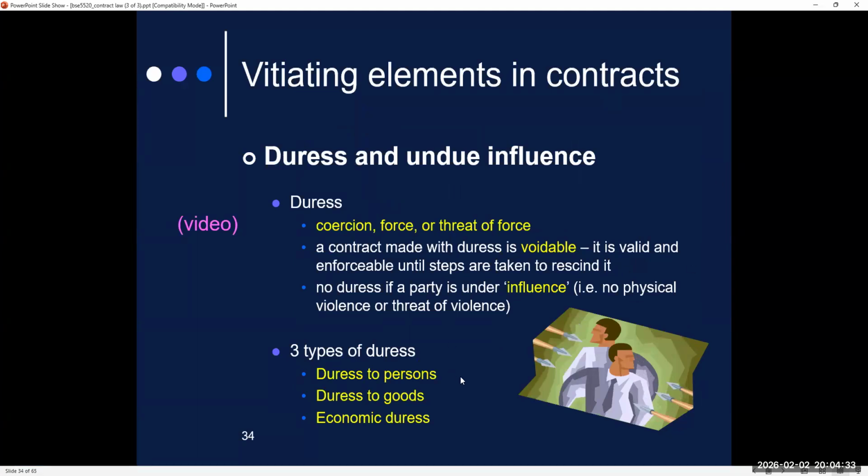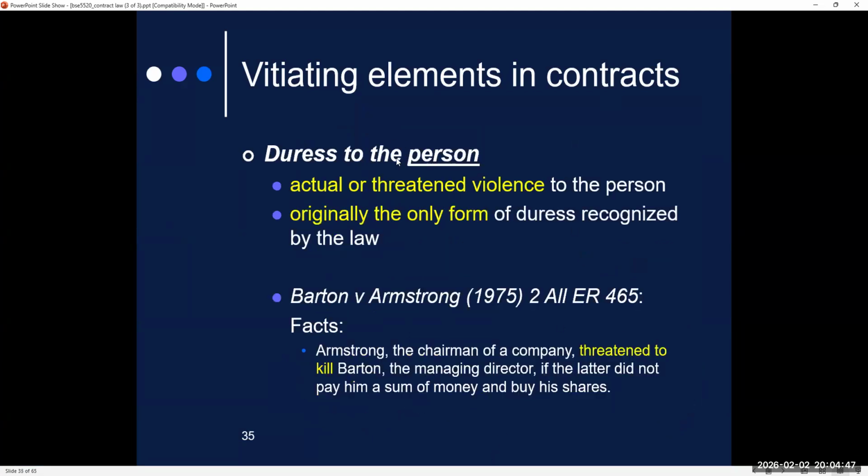Okay, there are three types of duress. In fact, the video mentioned this one already, economic duress, and also this one, duress to persons. But we also have the second one, duress to goods. So duress to person is simply actual or threatened violence to the person.